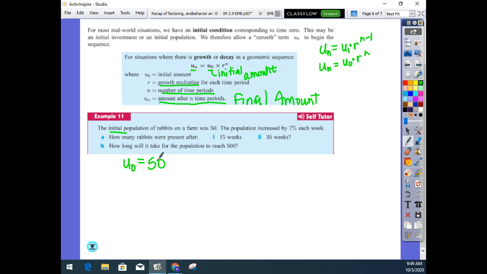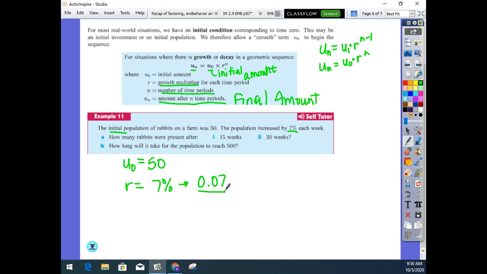Okay, so we got to think about this, because if it's increasing by 7%, first of all, we need to make that a decimal. Move the decimal 2 places to be 0.07. If I use this amount in my formula, that would just tell me how much it's going up by.